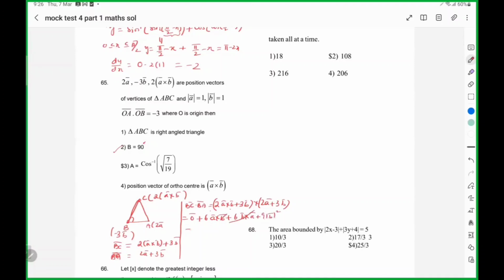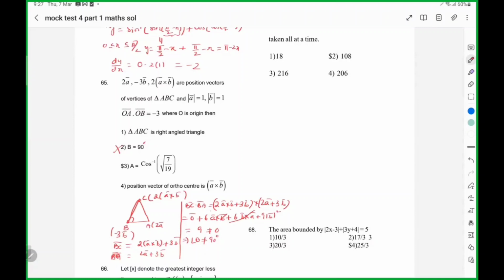These two get cancelled. A and B are given as not equal to 0. Angle B is not 90 degrees. So the second option is wrong.